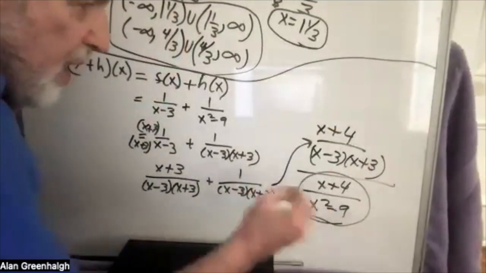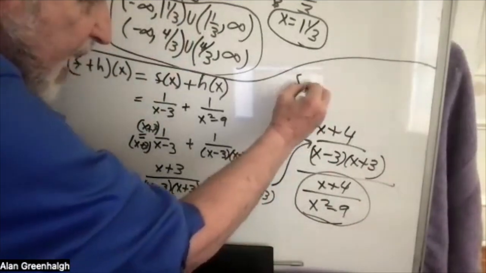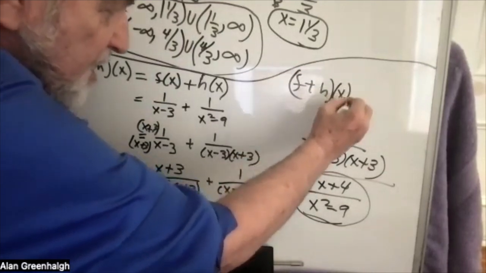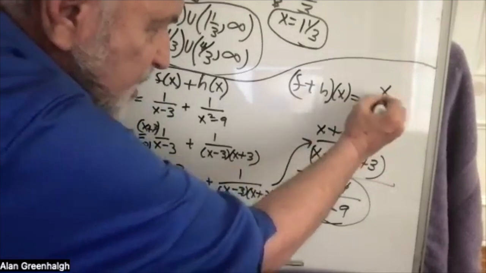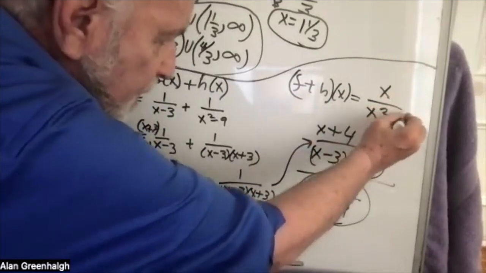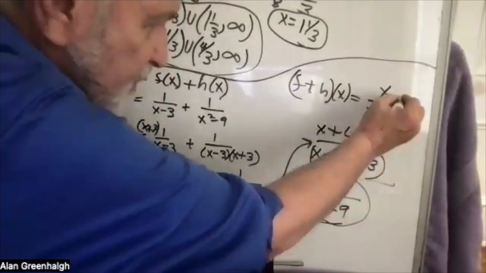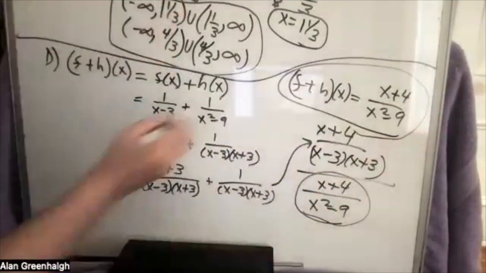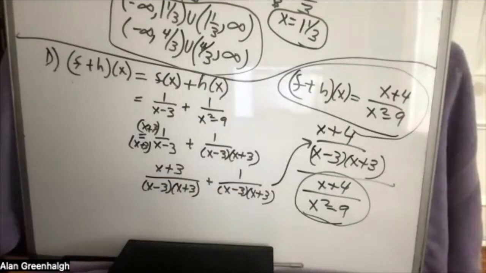If you want to be really thorough, you could say f plus h of x is equal to x plus 4 over x squared minus 9. And that's problem number 8. A lot of parts to it, but it's not a difficult problem.